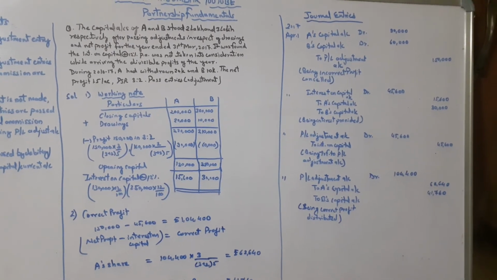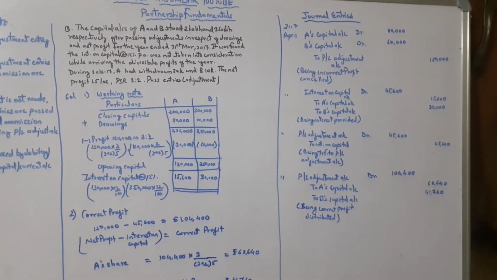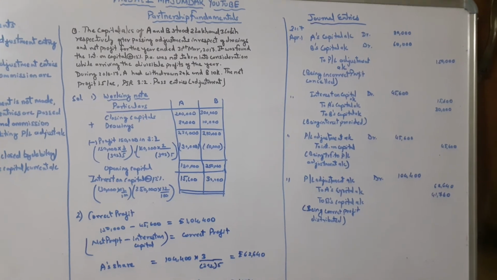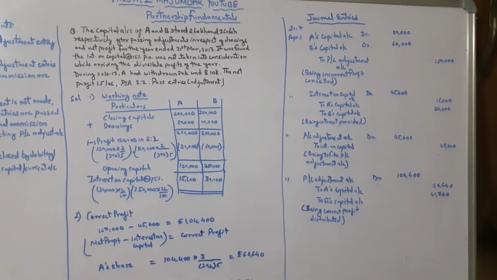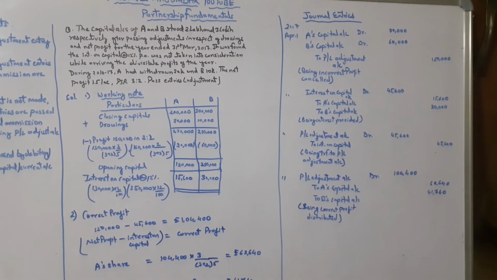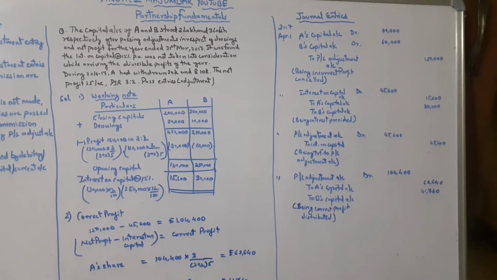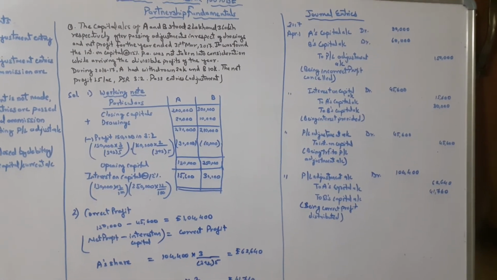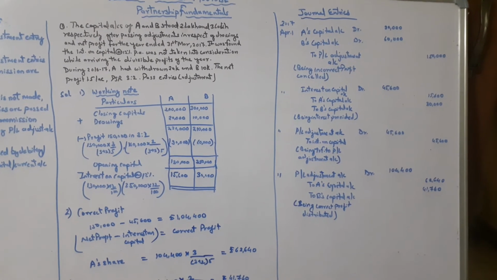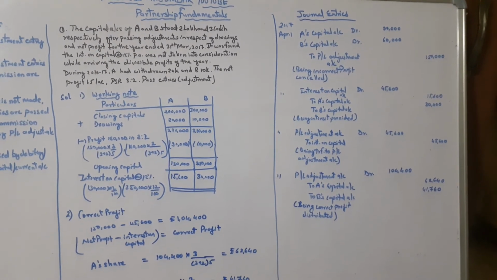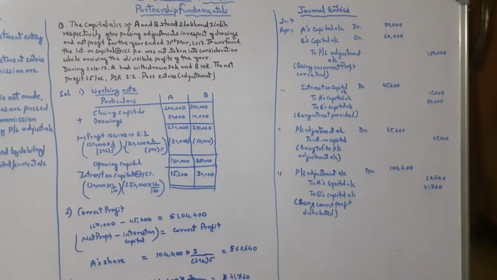So for cancelling, A's capital and B's capital are debited to the P&L adjustment account. If you multiply 1,50,000 into 3 by 5, you will get 90,000. Similarly, 1,50,000 into 2 by 5 gives you 60,000. So the old profit, which is 1,50,000, is distributed in the 3:2 ratio. That gives 90,000 and 60,000.